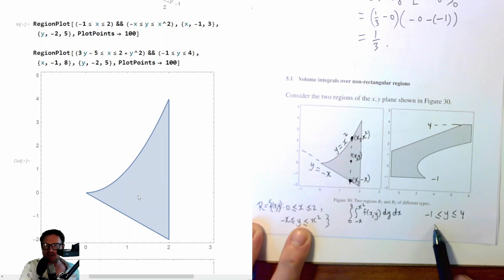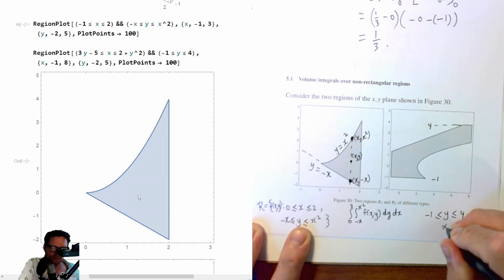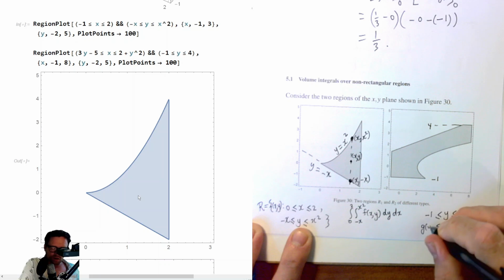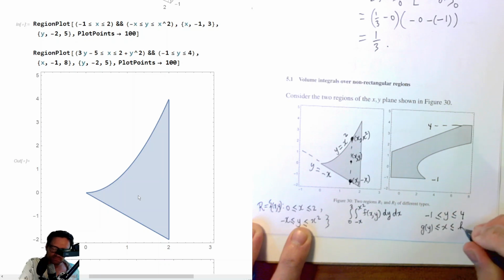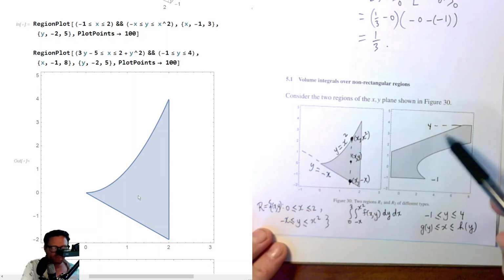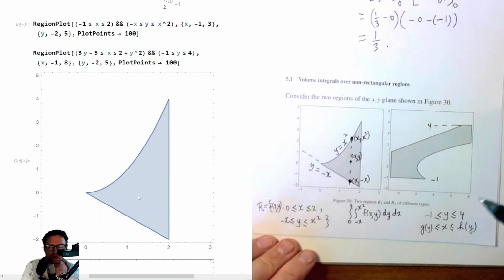Okay, so this time y is between two constants and x is bound between two functions. And so let's suppose that that's g of y and h of y. It looks like something like h of y might be x equals y squared or similar, right? And g of y is some linear function of y.